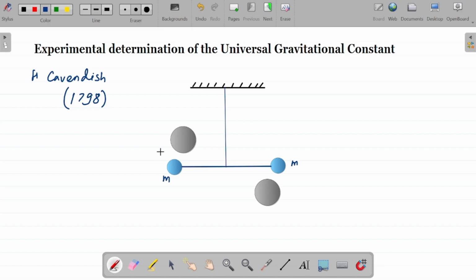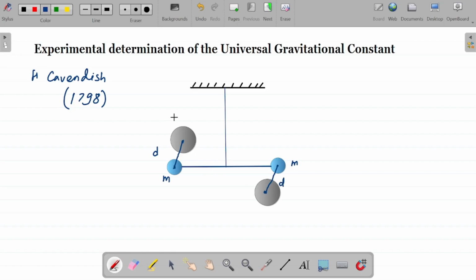Okay, now along with these two spheres there are bigger spheres placed opposite, and due to these spheres there will be a gravitational pull. Let's say they are at equal distance, and the distance between the centers is d, so this is also d.